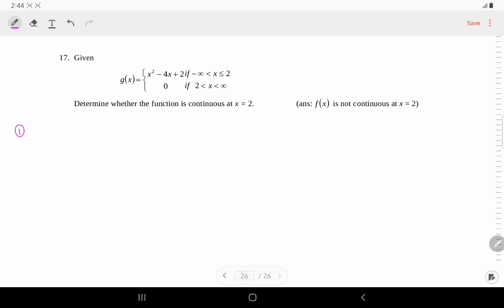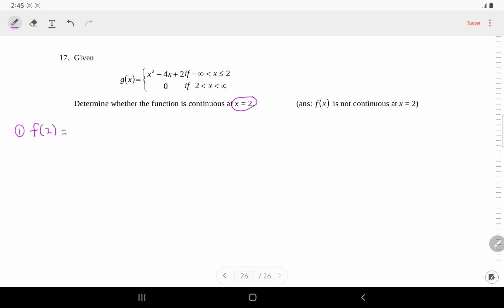In this question, our a is 2. So we need to see whether f(2) is defined or not. For f(2), we need to substitute the value x equal to 2 into the function.